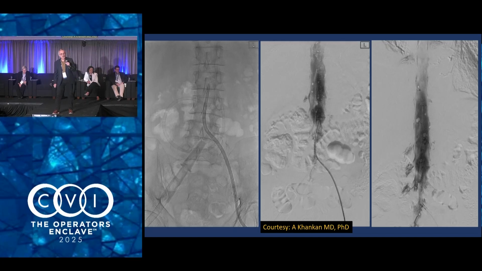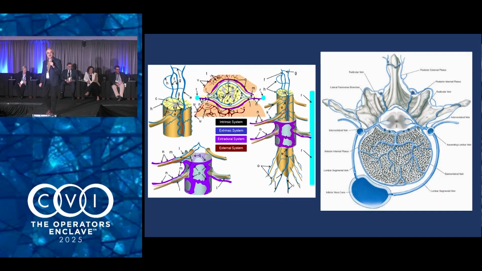The communications between the venous channels in the iliac veins and the small veins in the perispinal plexus are very common, as you can see in here. It is not that hard to traverse them into the epidural space.